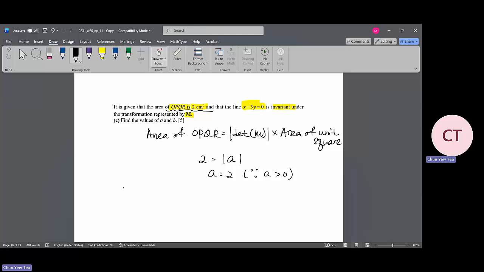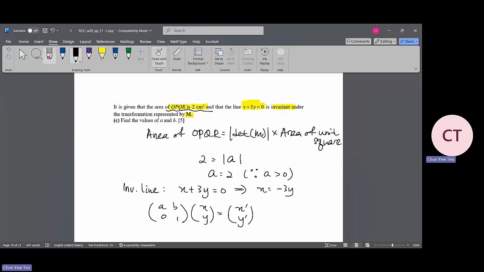To find B, we use the invariant line x plus 3y equals 0. You can make x become negative 3y. So the invariant line point (x, y) transforms to become (x', y'). This is the matrix for M: (A, B; 0, 1).